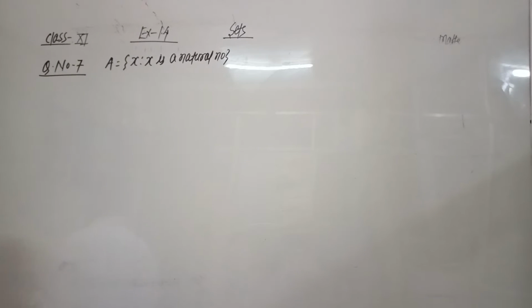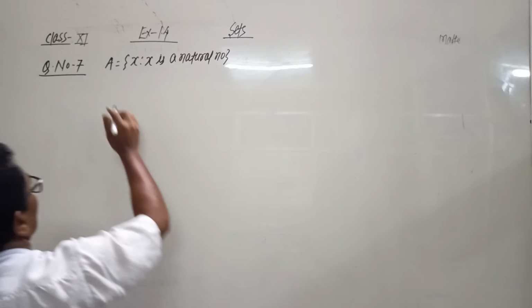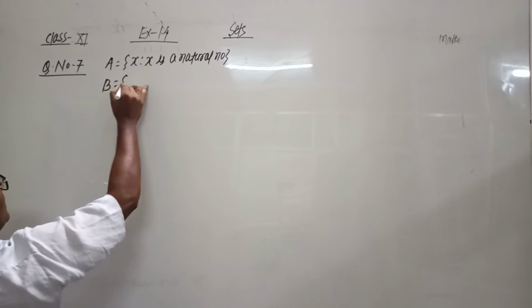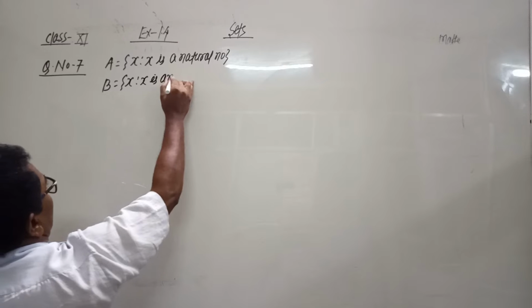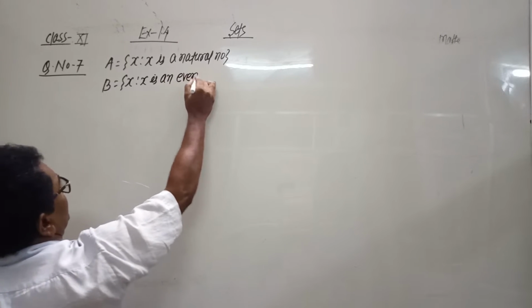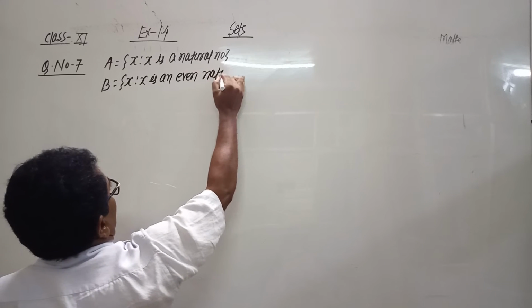Then set B equals x such that x is an even natural number.